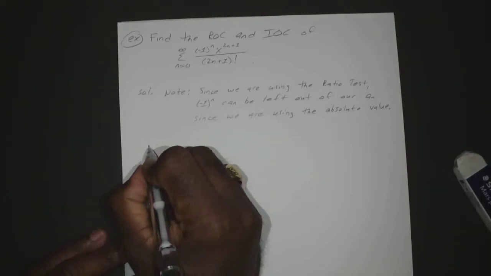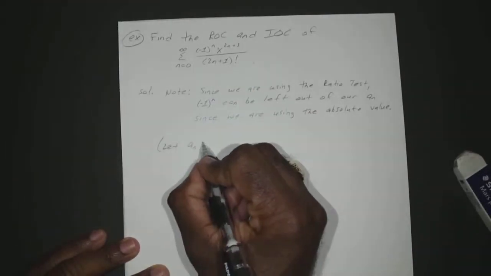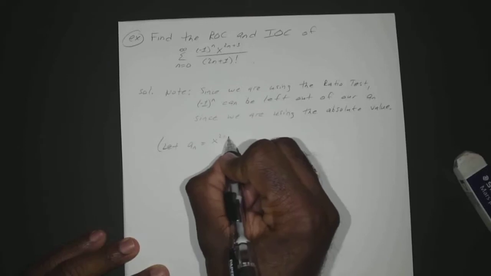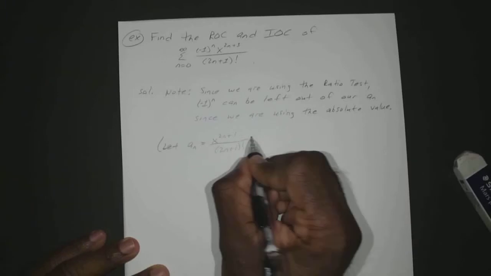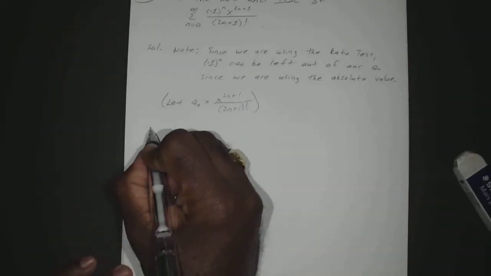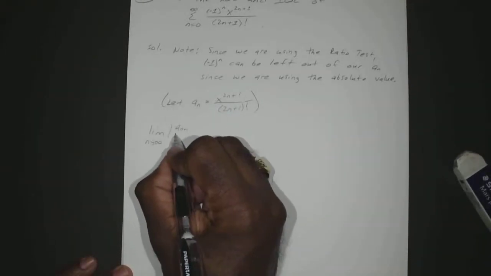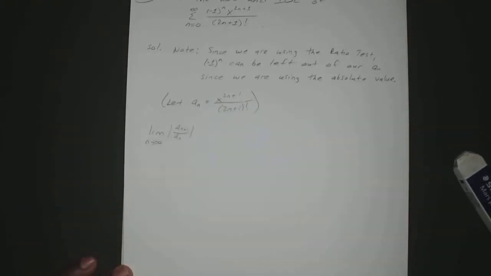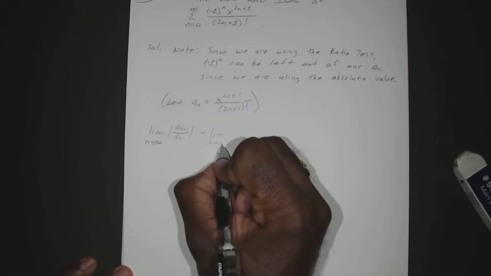Okay, so let's say we let our a sub n equal x to the 2n plus 1 over 2n plus 1 factorial. Close that up. Our limit as n approaches infinity of the absolute value of a sub n plus 1 over a sub n is equal to the limit as n approaches infinity.